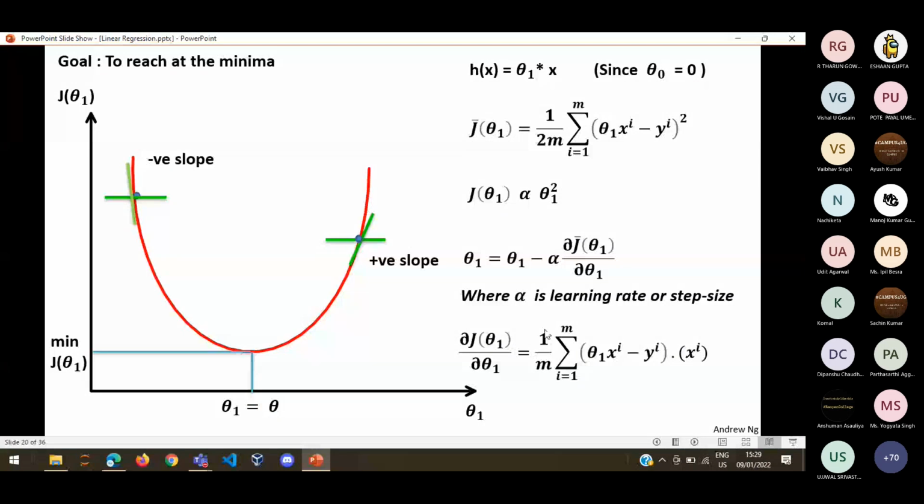That's why I have used 2 by m for averaging, just for simplicity, to make the calculation easy here. So does anyone have any doubt here? This is the gradient descent step, the idea of the gradient descent algorithm. Okay, I guess it is pretty easy for you.